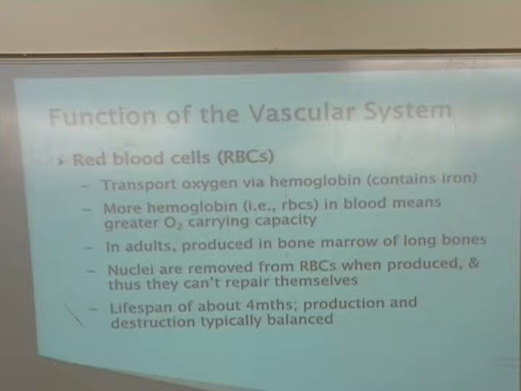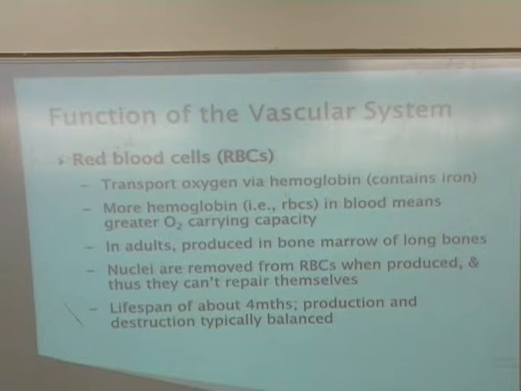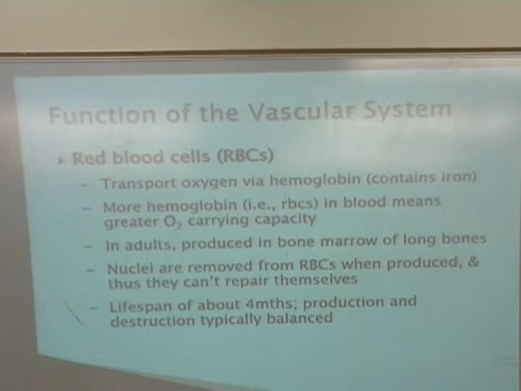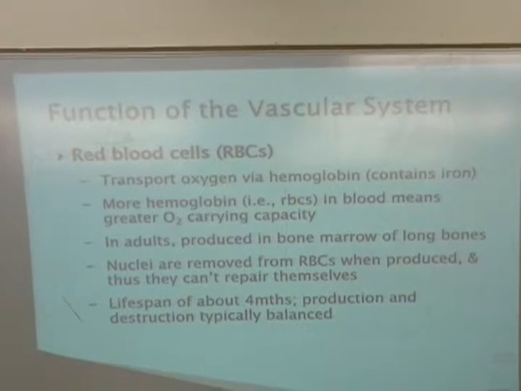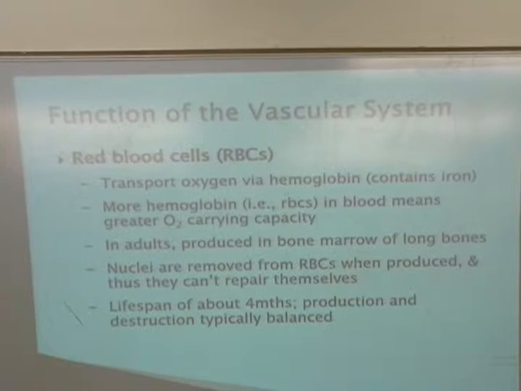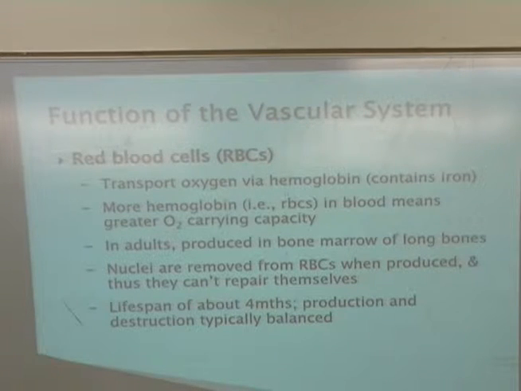So now we have a link between a nutritional substance that we need to make sure we have within our diet and our capacity to perform aerobic work. The more hemoglobin, the more red blood cells we have, the greater the oxygen carrying capacity is. And that idea will come back when we look at altitude work.